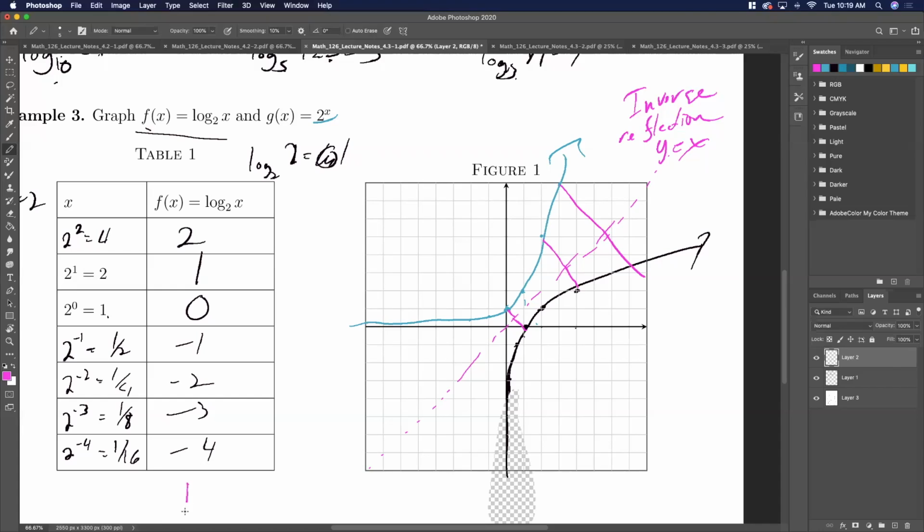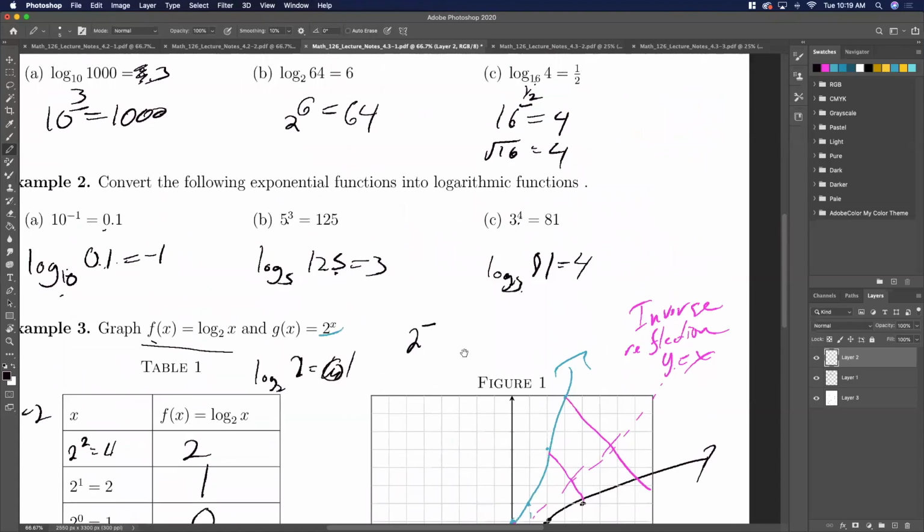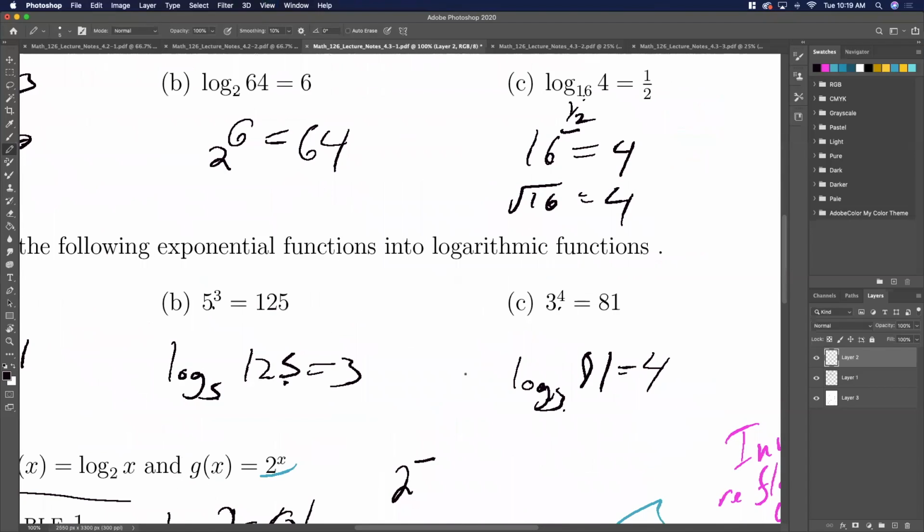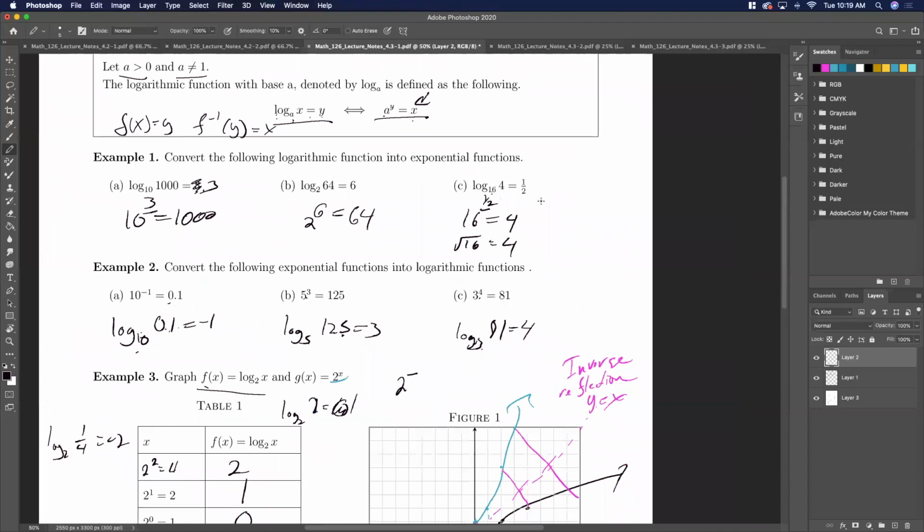What is the domain? Let me do this in black instead of hot pink. What is the domain of the log? Well, can I have negative numbers here? Or another question: is 2 to any power going to produce a negative number, like negative 1?